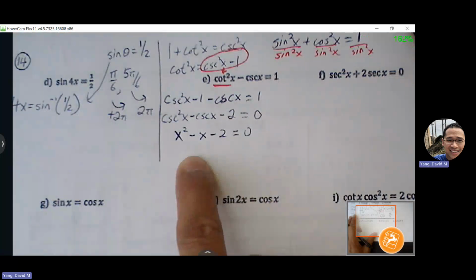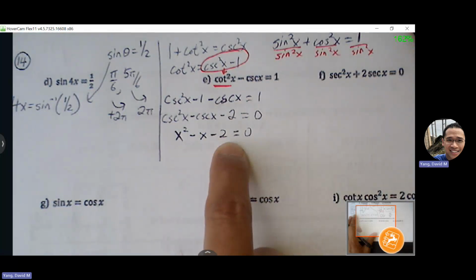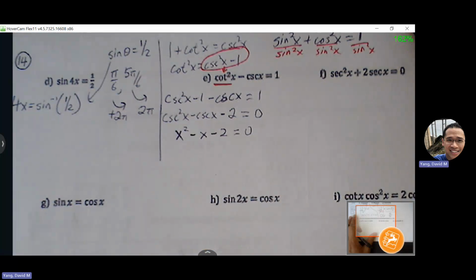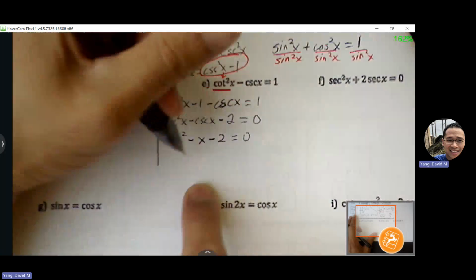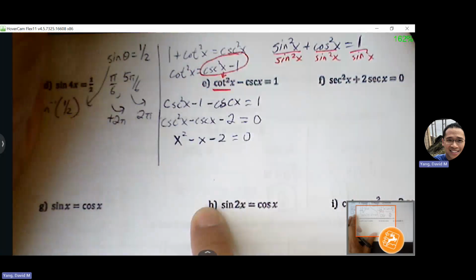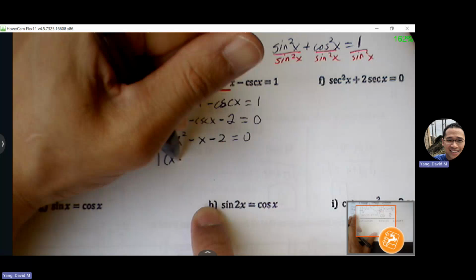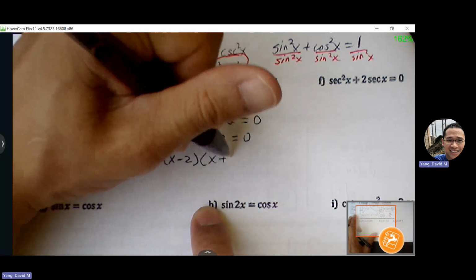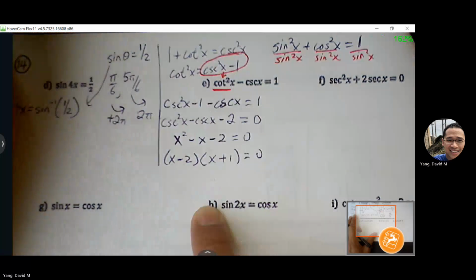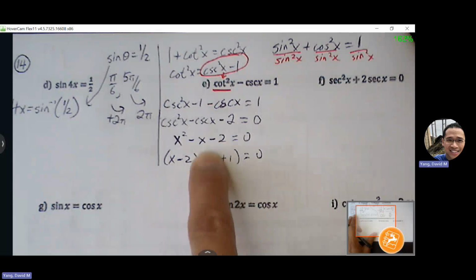If it helps, you can factor this out and then replace all your x's back with cosecant and go from there. So we know it multiplies to -2, adds to -1. That's going to be x minus 2 and x plus 1. Okay. So I've done the factoring with an easier problem.